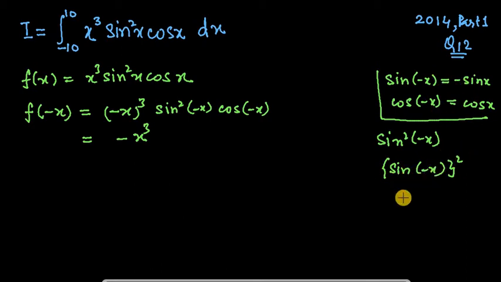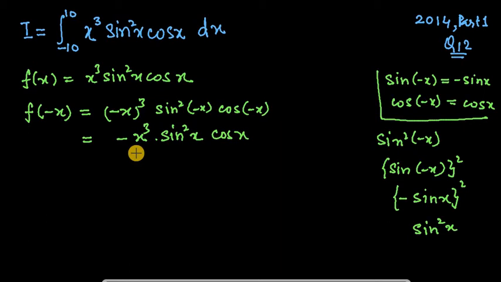So sine of minus x is minus sine x, and the whole square of minus sine x, minus multiplied by minus, to the power even, will be plus, so it is sine square x. And cos of minus x is cos x. So we can now see that this is equal to minus x cube into sine square x into cos x, and x cube into sine square x into cos x is basically f(x).